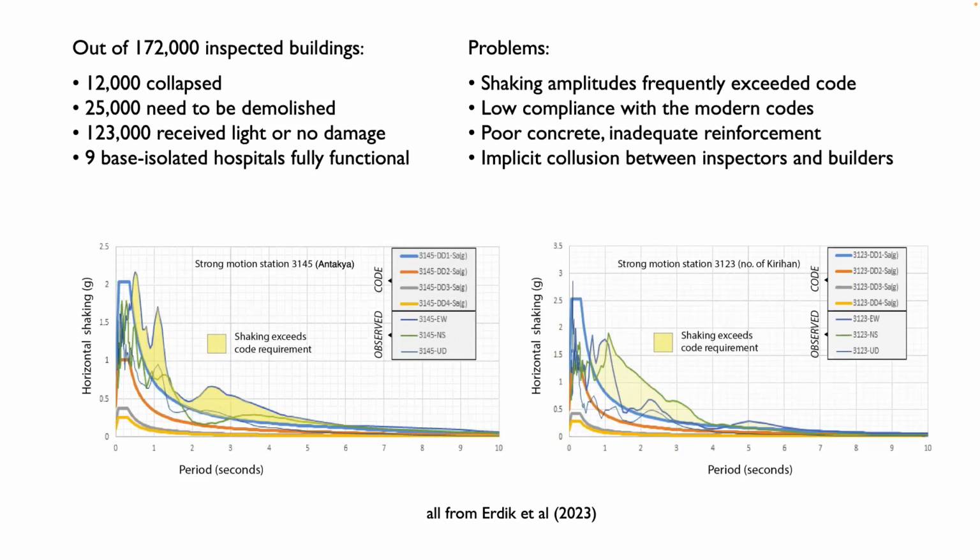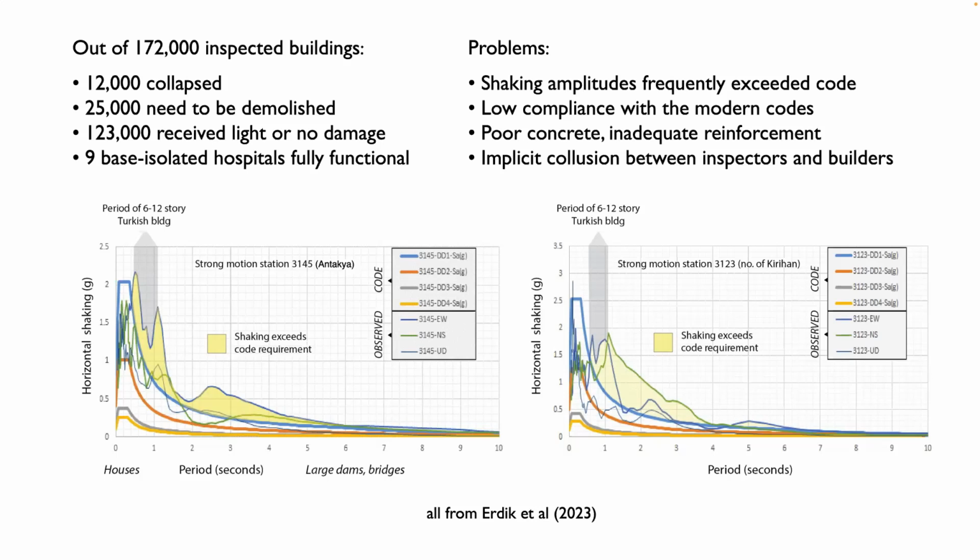Now, how does this relate to buildings? So a building is basically like a child on a swing, except it's upside down. And when you push a child on a swing, you know that the longer the swing, the longer the time between each push. And you know that to make the child really go higher, you have to push when they're going down and forward.